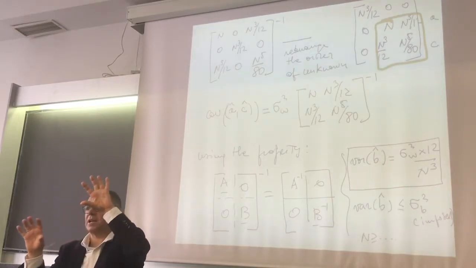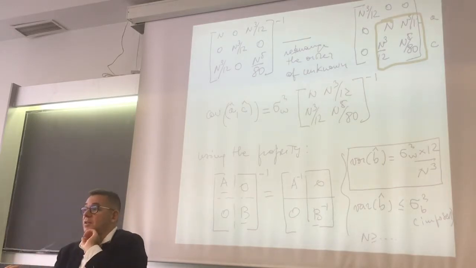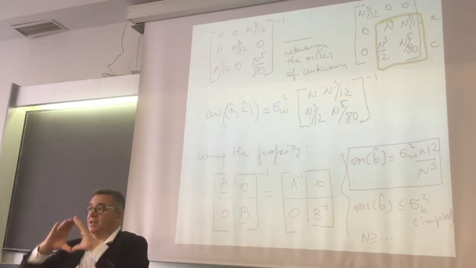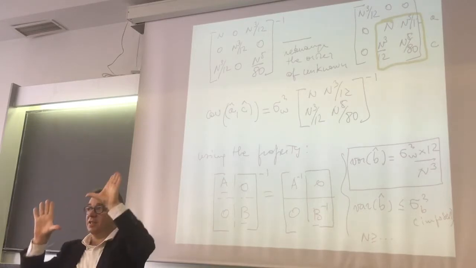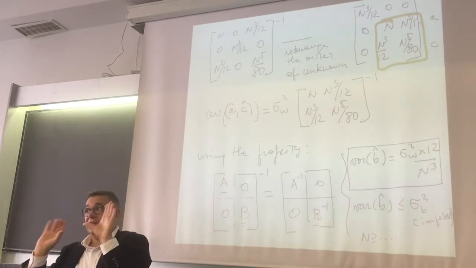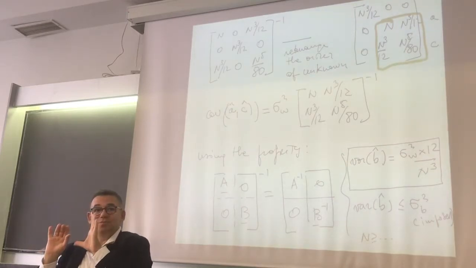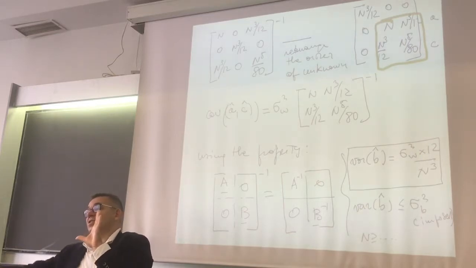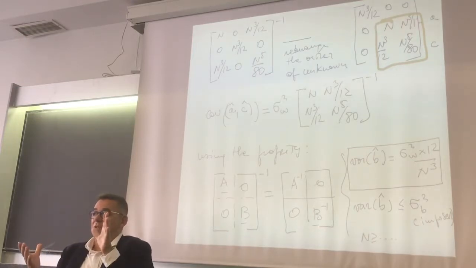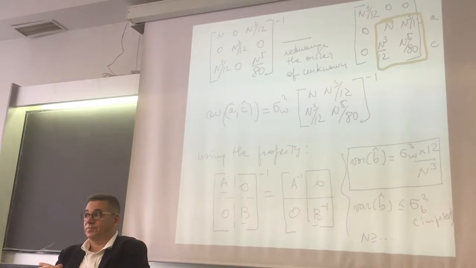If the two problems are separate but just put together, as in this case, B is giving the slope, A is giving the shift, and C is giving the curvature. So the linear term and the quadratic term are decoupled in this case.